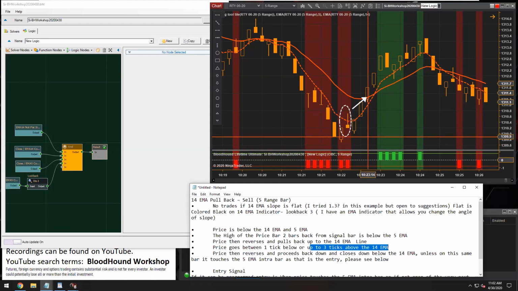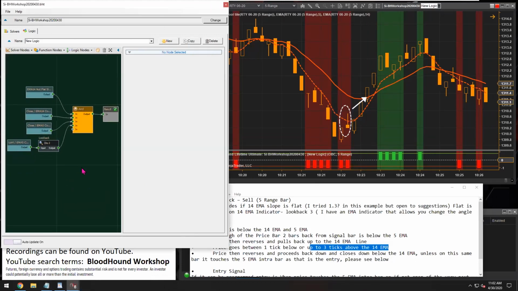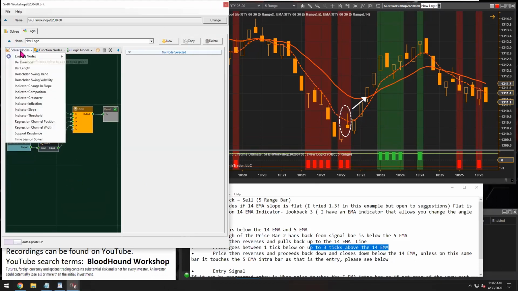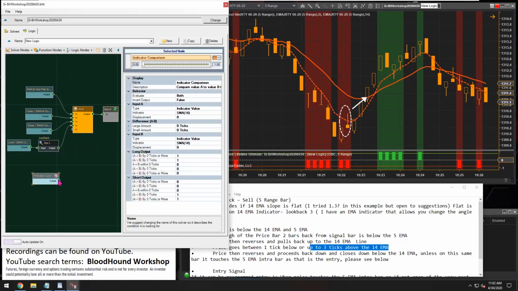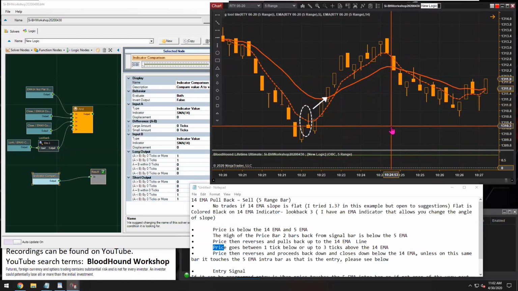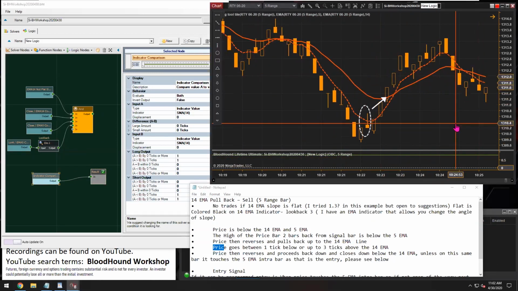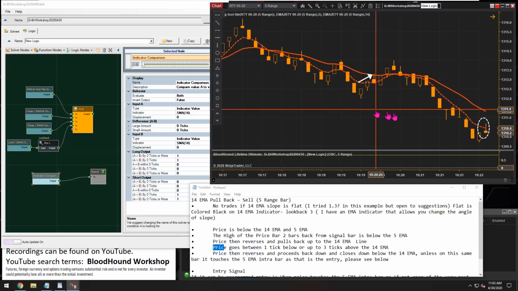That's going to be a job for a comparison solver. So let's grab another comparison solver and connect this up. There we go. Now let's find something to work with. Here we go. Let's take a look at this right here.